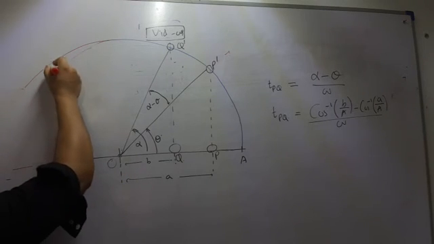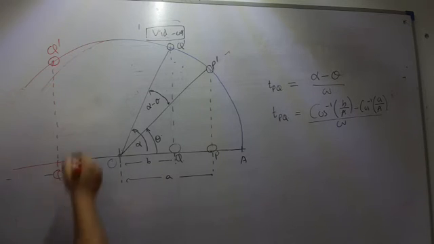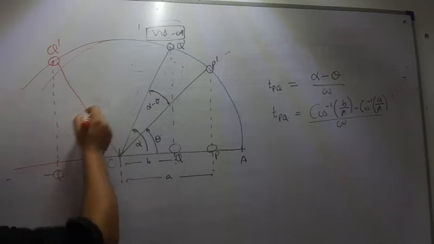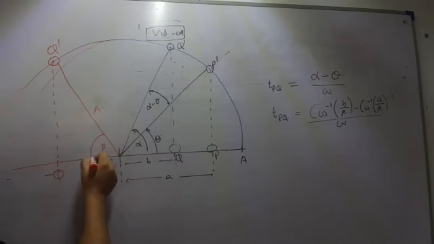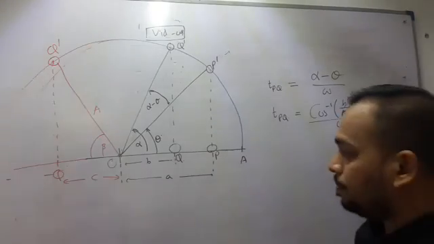So there will be a corresponding point on the circle path, Q dash. So this is A. Let's call this beta. And let's call this Q is C distance away from O.